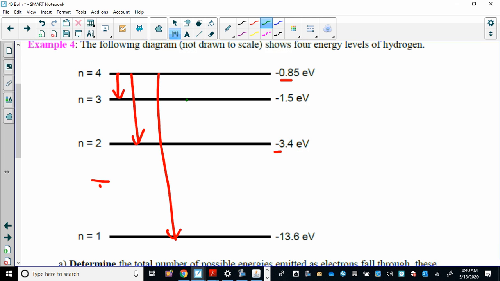Or you can have one that starts at 3 and goes to 2, starts at 3 and goes to 1, or this one here. So those are all the permutations of electron drops that you could have. 1, 2, 3, 4, 5, 6. You could have 6 different types of EMR emitted in the hydrogen atom with these 4 levels.